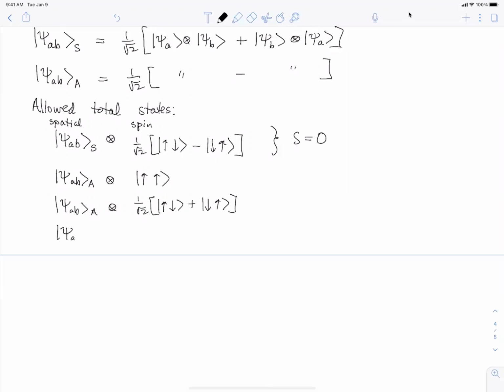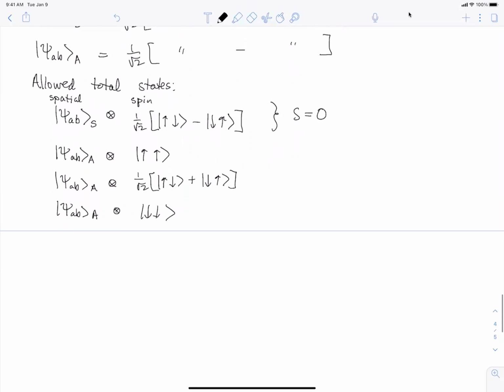Or I can do them both spin down. That's also symmetric. But if I make it symmetric under spin and anti-symmetric under spatial, that also works. So these are the allowed states, and they have total spin equals 1.